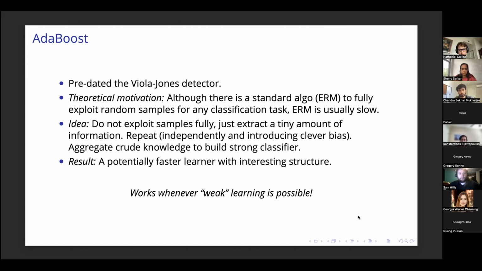The application that Viola and Jones came up with used another property of the AdaBoost algorithm, which is that the actual classifier AdaBoost creates has a very interesting structure.